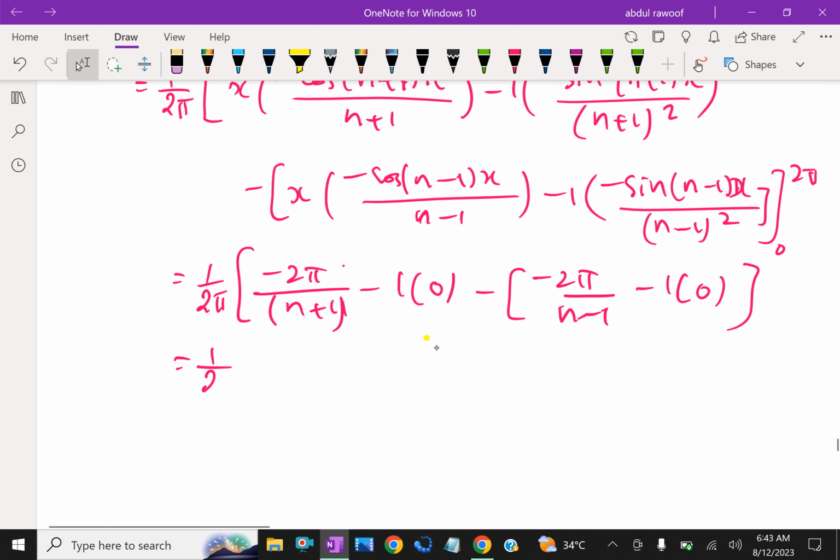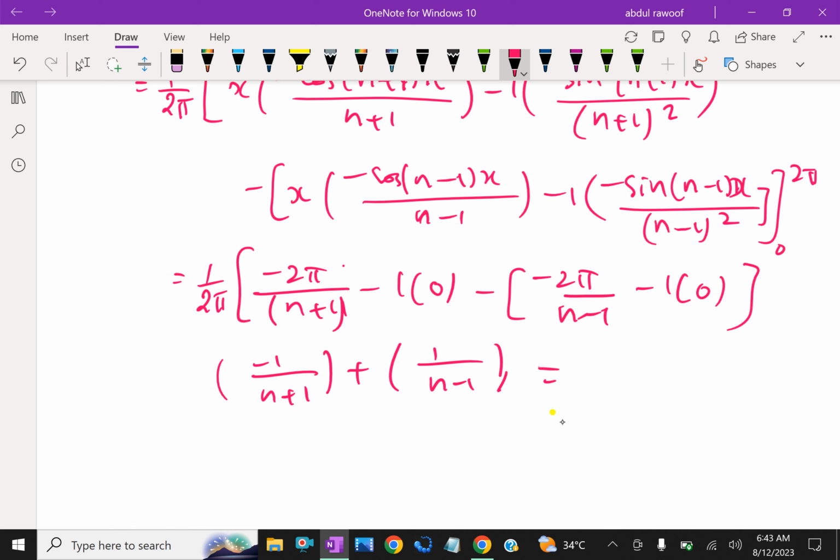For the simplification, we give 1 by 2 pi, then both 2 pi cancel, and it simplifies to minus 1 over n plus 1 plus, as we have minus minus plus here, 1 over n minus 1, which equals 1 over n square minus 1, because n plus 1 times n minus 1 is n square minus 1.